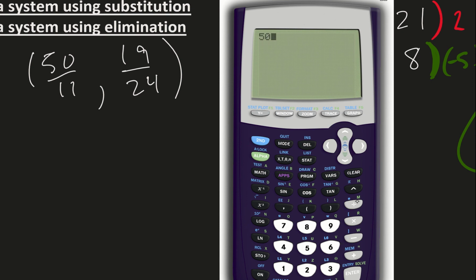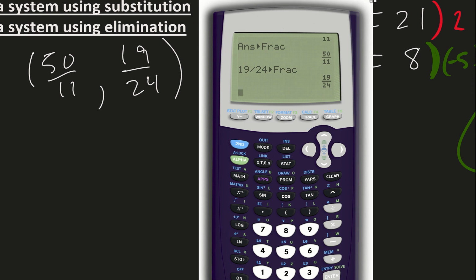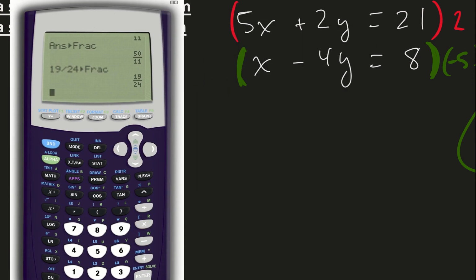I'll do 50 divided by 11, and then you can see me just hit math and then frac, enter, and there's 50 over 11, and then the same thing, 19 divided by 24, math, enter, enter. Yeah, that worked, right? So I've got 19 over 24. So there's my x, there's my y, and I just need to see if this works.